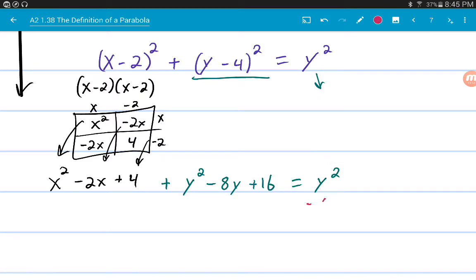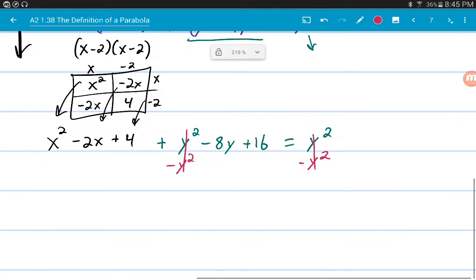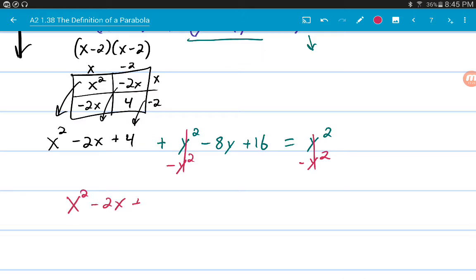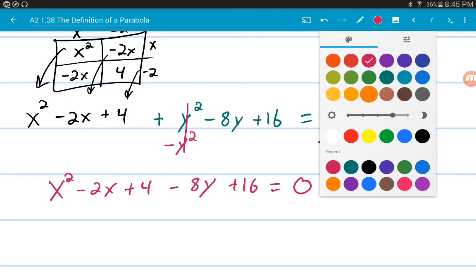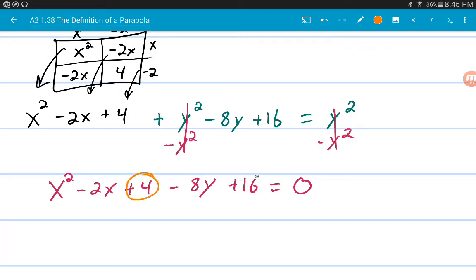Here's what I can do. I want to move over the y squared. Oh no, they both cross out. What I get now is x squared minus 2x plus 4 minus 8y plus 16 equals 0. I got some like terms here, might as well simplify those.